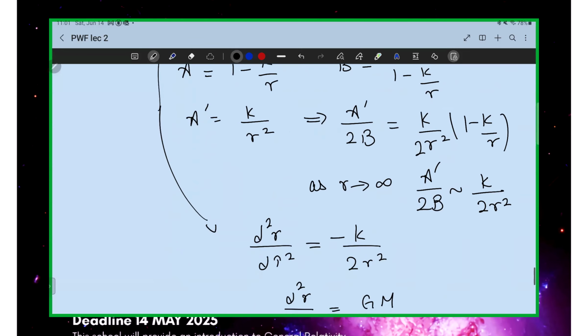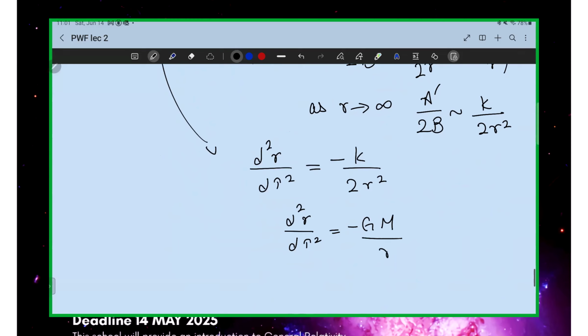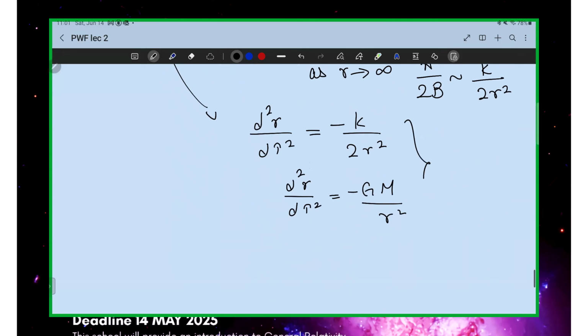So if we want Newton's gravity to be an approximation of general relativity at weak gravity, that's one of the reasons why I took r big, because when r is big, the curvature is small and the gravity is weak. Then you need to have these two expressions match, which means that k over 2 equals GM, which means that k equals 2GM, right?